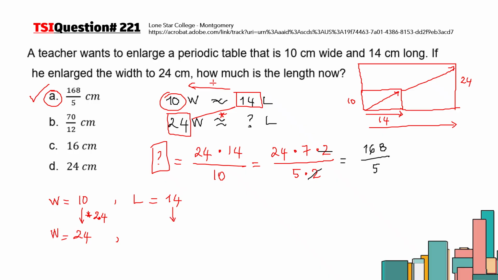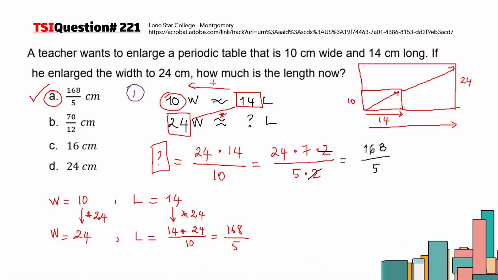So this one will be multiplied by 2.4, and you will have L equal 14 times 2.4. I will do it as 24 and then divide by 10. That will be the same thing as we performed in the first method. It will be 168 over 5.